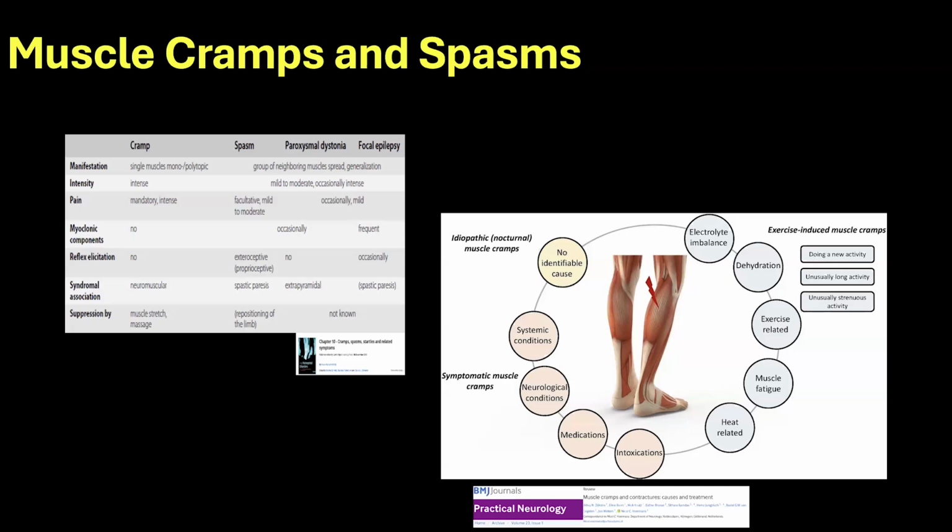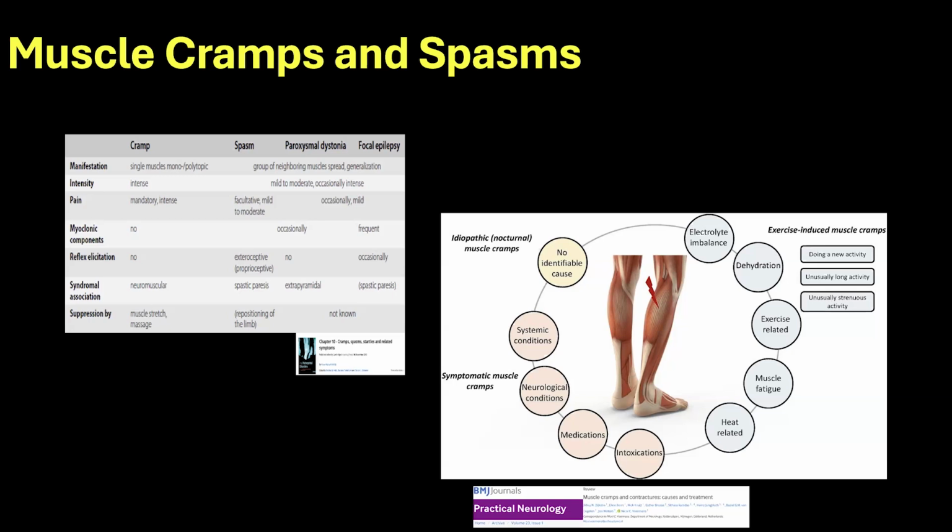Whereas spasms differ a little bit from cramps in that they can involve multiple muscles, not necessarily similar muscles, but these multiple muscles oftentimes are not painful. And that's really the difference between a cramp and a spasm.